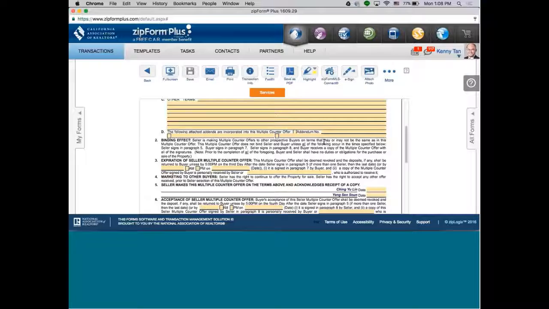Seller signs in paragraph 5. So in other words, this multiple counteroffer is not effective until the seller countersigns number 5. If the seller never countersigns number 5, it doesn't matter if the buyer has already accepted the counteroffer. In order for it to be binding, number 5 would have to be signed by the seller.